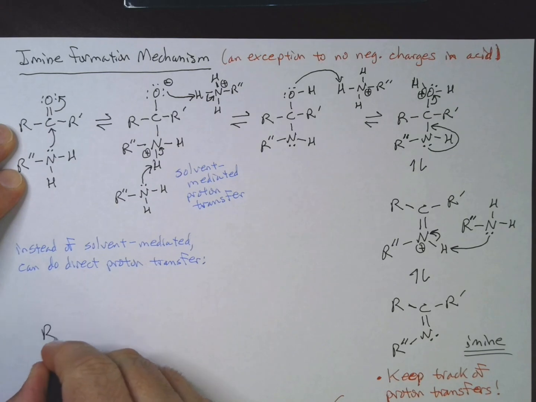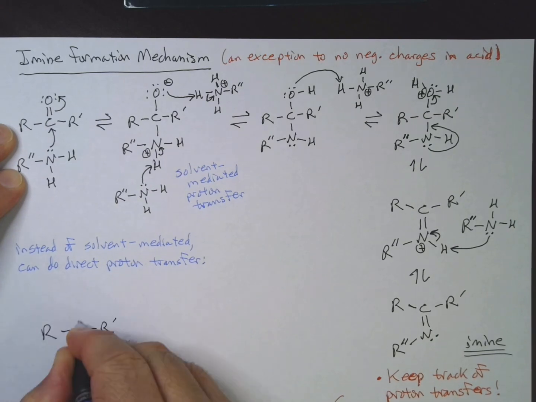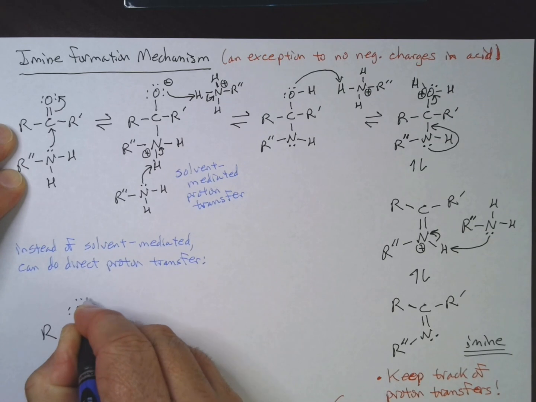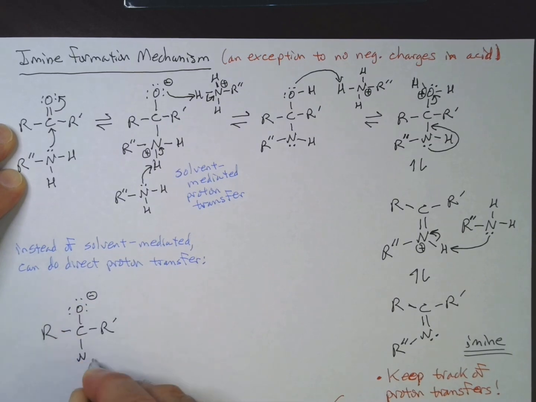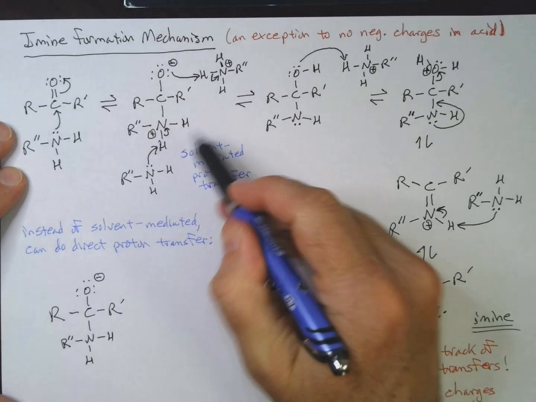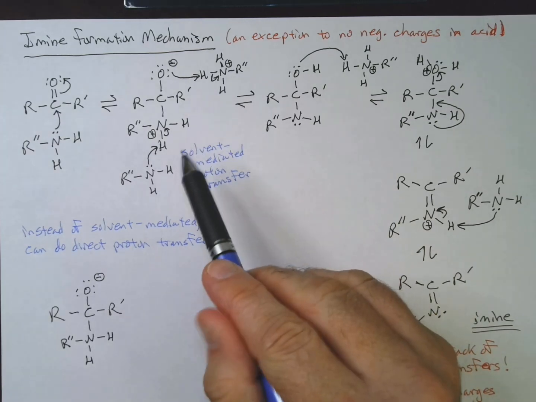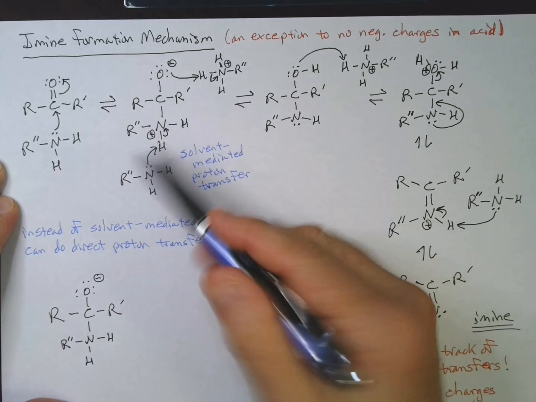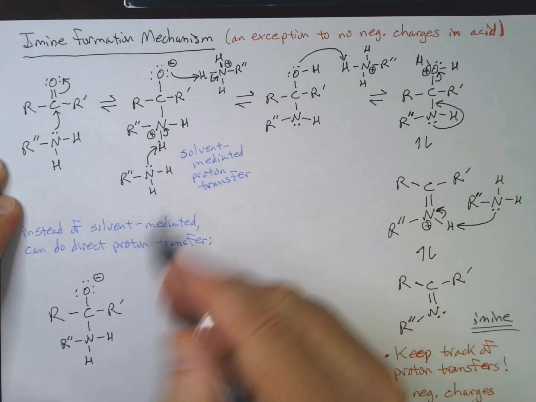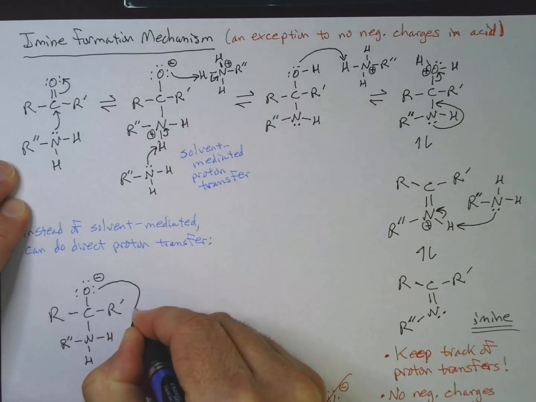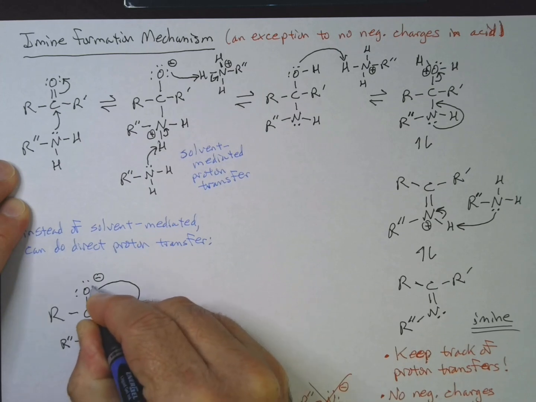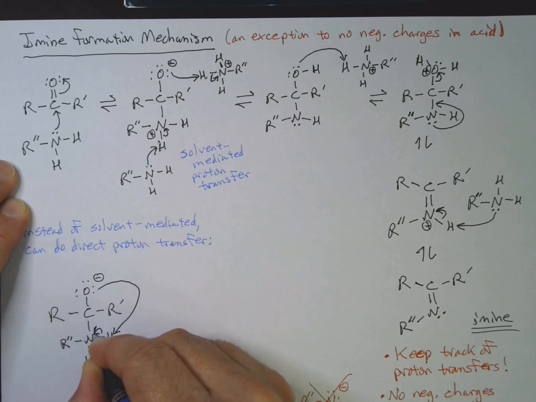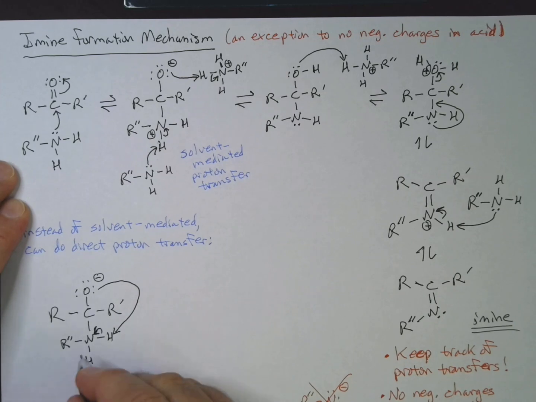So if I had that structure, instead of drawing those additional molecules of solvent, or in this case the amine, I could just draw the oxygen pulling a proton off of the nitrogen that has a positive charge there.